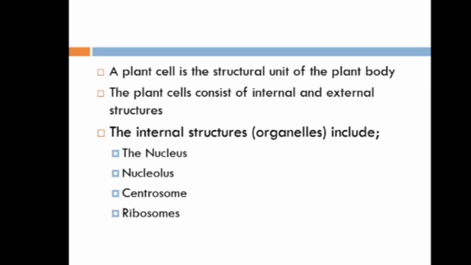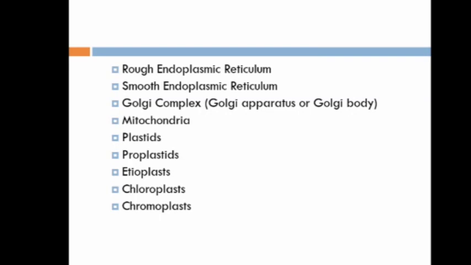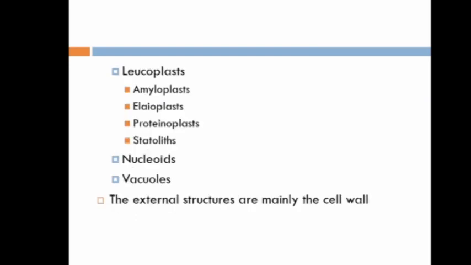The internal structure includes the nucleus, nucleolus, centrosome, ribosome, rough endoplasmic reticulum, smooth endoplasmic reticulum, Golgi complex, Golgi apparatus or Golgi body, mitochondria, plastids, proplastids, etioplasts, chloroplast, chromoplast, and leucoplast. These are categories of leucoplast: amyloplast, elaioplast, proteinoplast, statolith, and also there are nucleoids, and there is a vacuole.